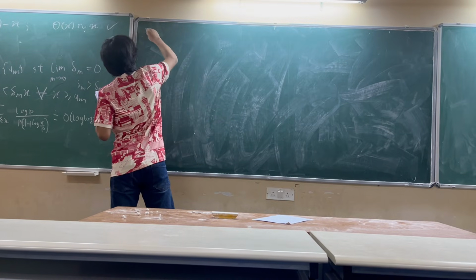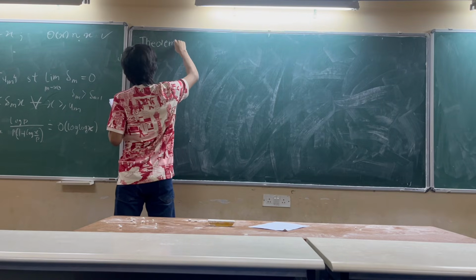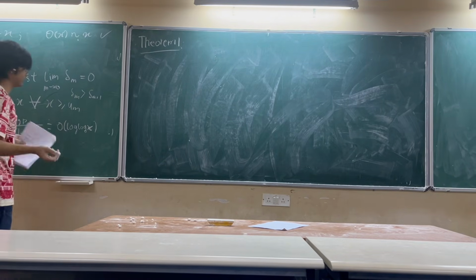So we have something important, a theorem. It's a consequence of lemma 1, so we'll call it theorem 1.